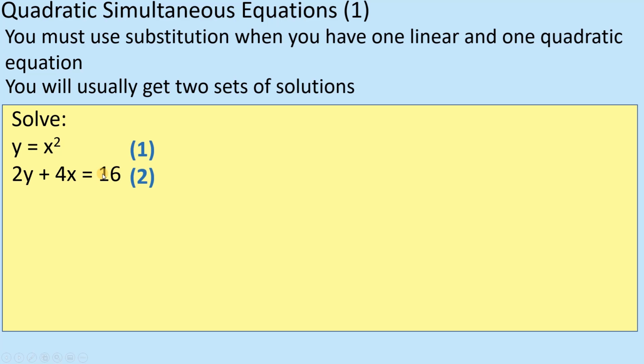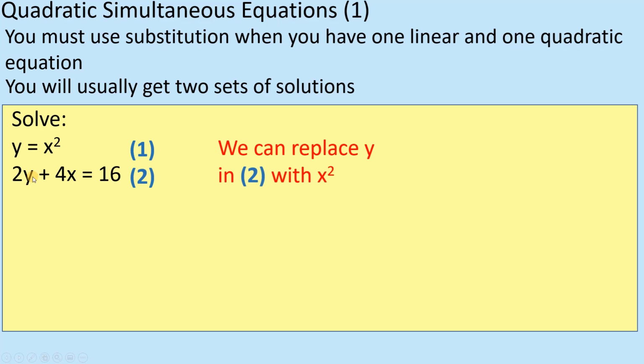I've got y equals x squared here, so I could easily substitute this value of x squared into the other one, rather than rearranging it. If y equals x squared, let's put x squared there.